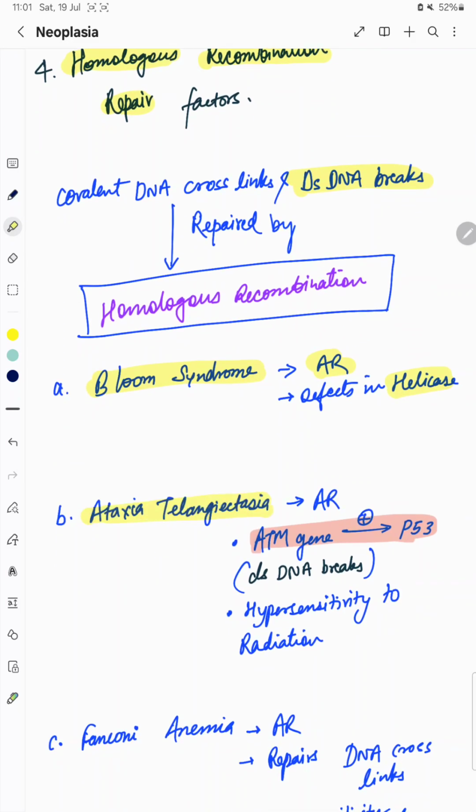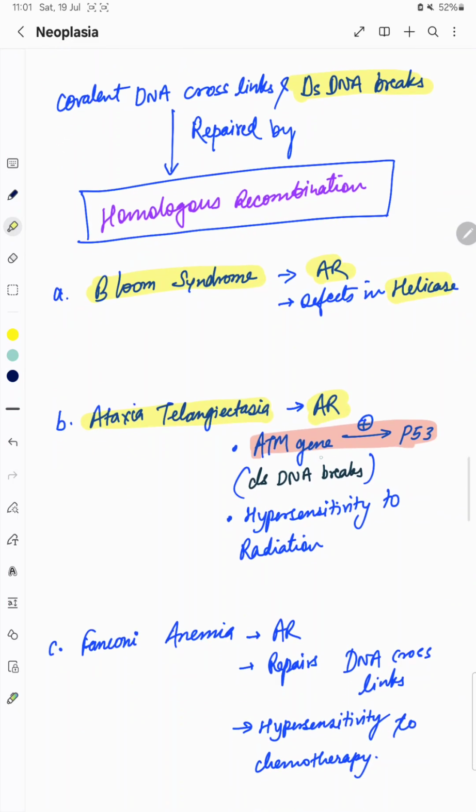Second is ataxia telangiectasia, another autosomal recessive disorder with a defect in the ATM gene.